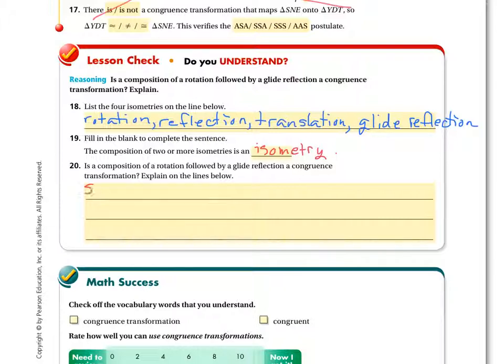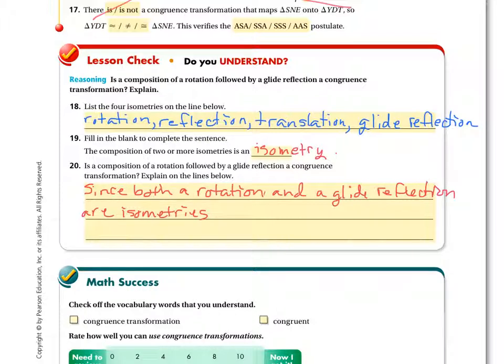Since, and you can write it this way, since both a rotation and a glide reflection are isometries, meaning they preserve distance and angles, then with an I, who spells then with an I?